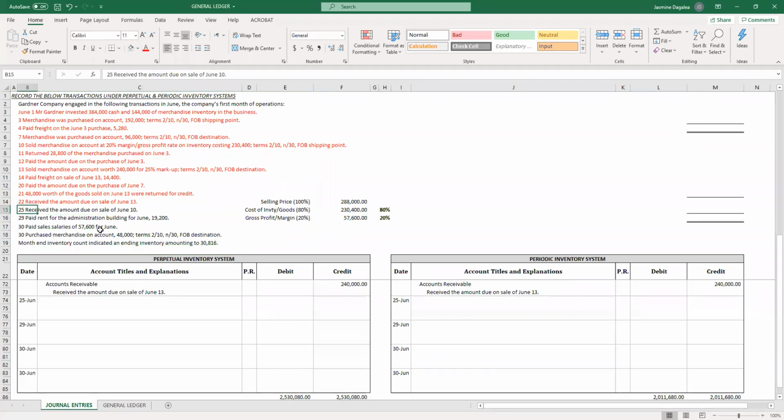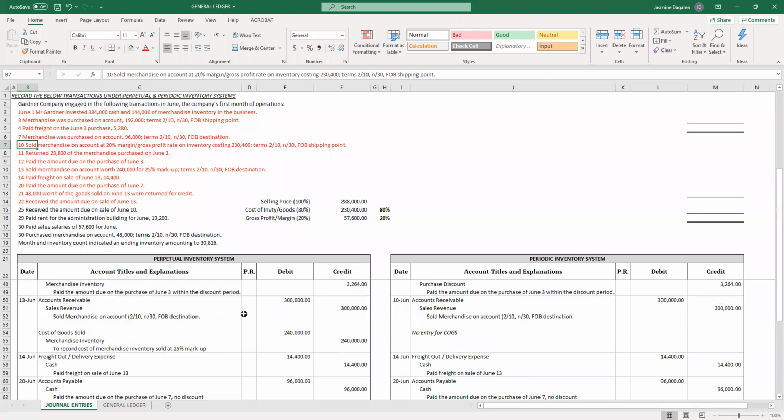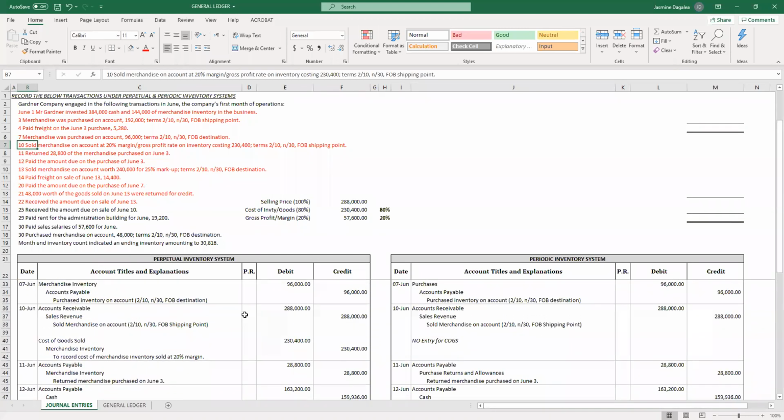June 25, receive the amount due on sale of June 10. So, remember, June 10, sold merchandise on account at 20% margin or gross profit rate on inventory costing 230,400. Check nyo, may discount pa ba or wala na? Wala na, ma'am.